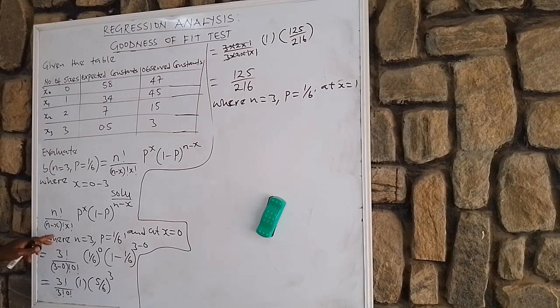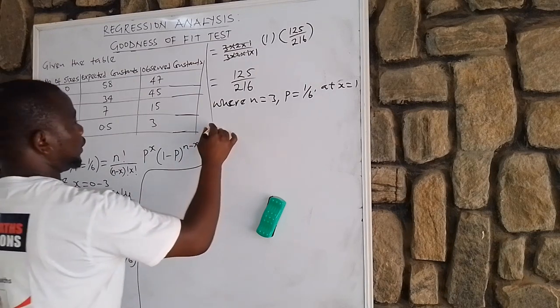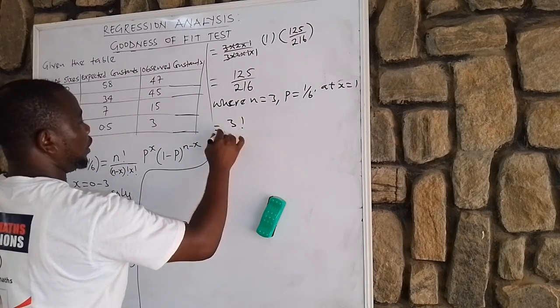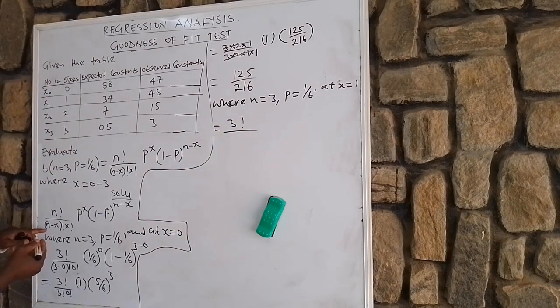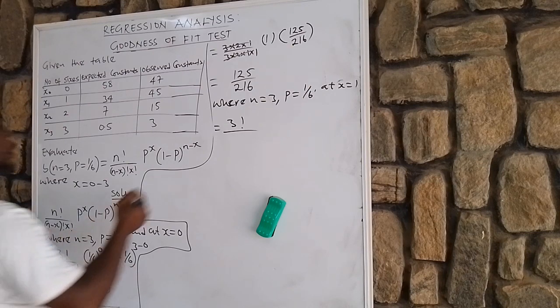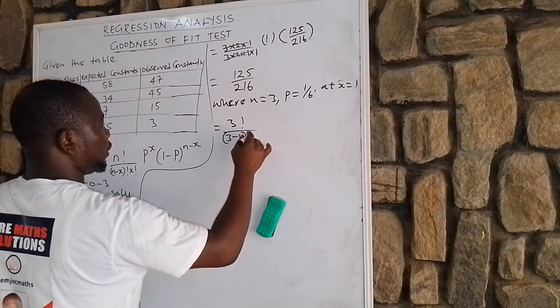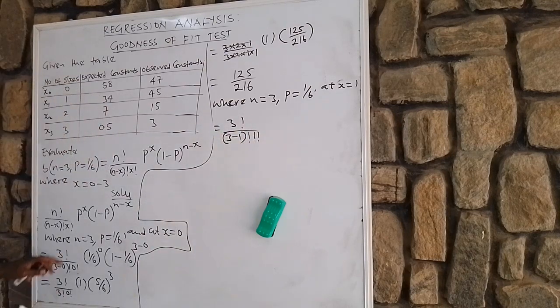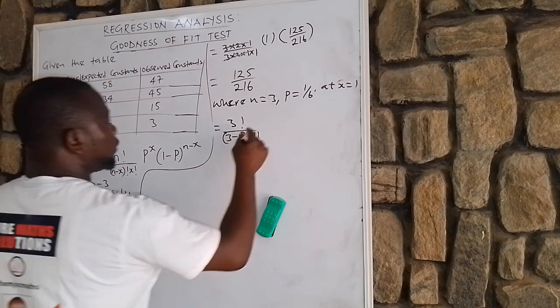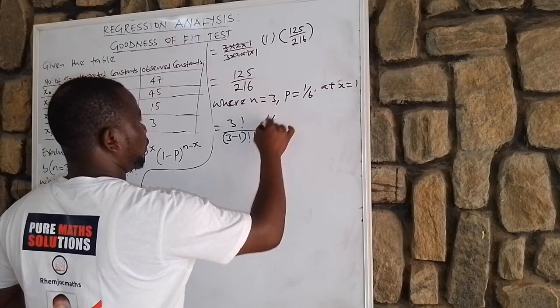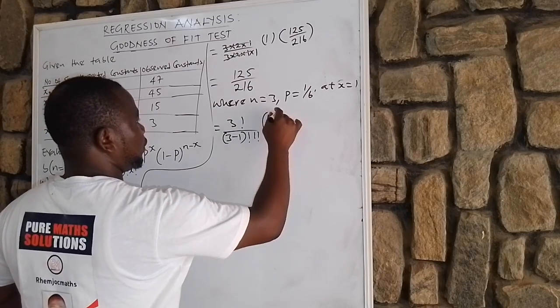So it means here will now be this formula. n is 3 factorial all over n minus x, 3 minus 1 factorial times 1 factorial, since x is 1. Then p is 1 all over 6 raised to the power of 1.